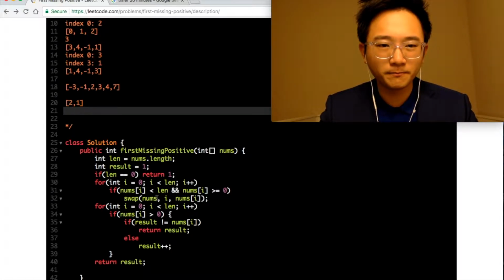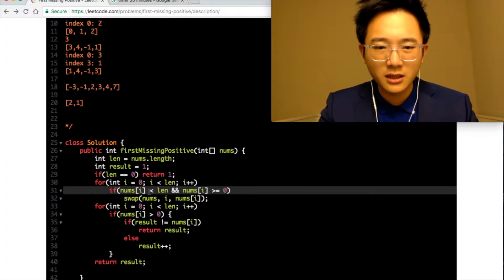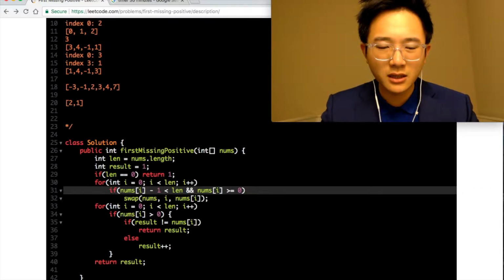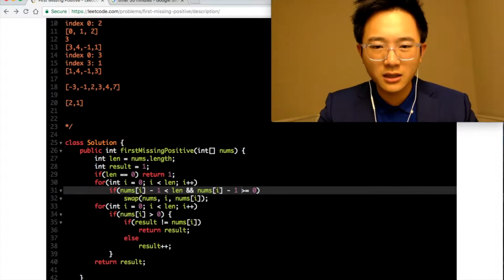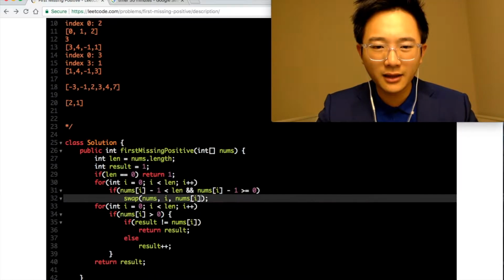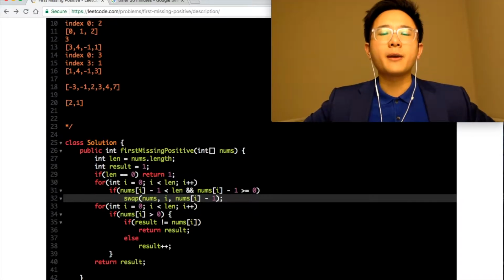Okay, so it's larger than that, and then subtract 1. Subtract 1 less than that, okay.